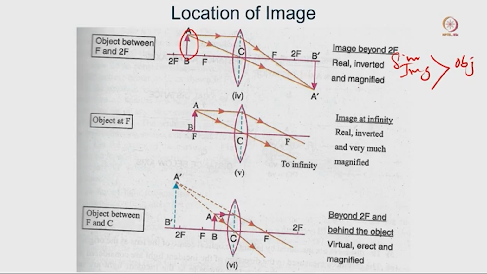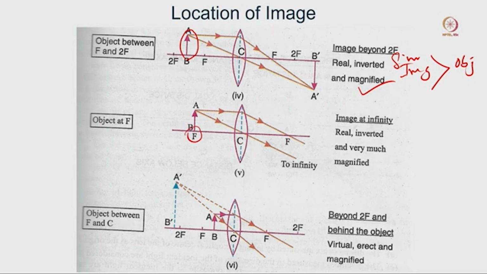Okay, so this is the ideal scenario where we have a lens system, we have an object, and we are getting a bigger image.